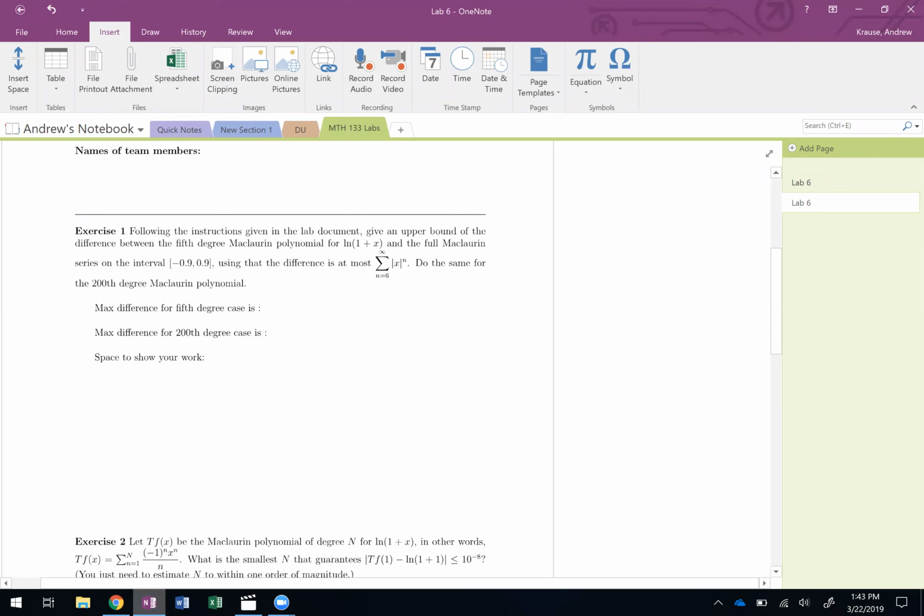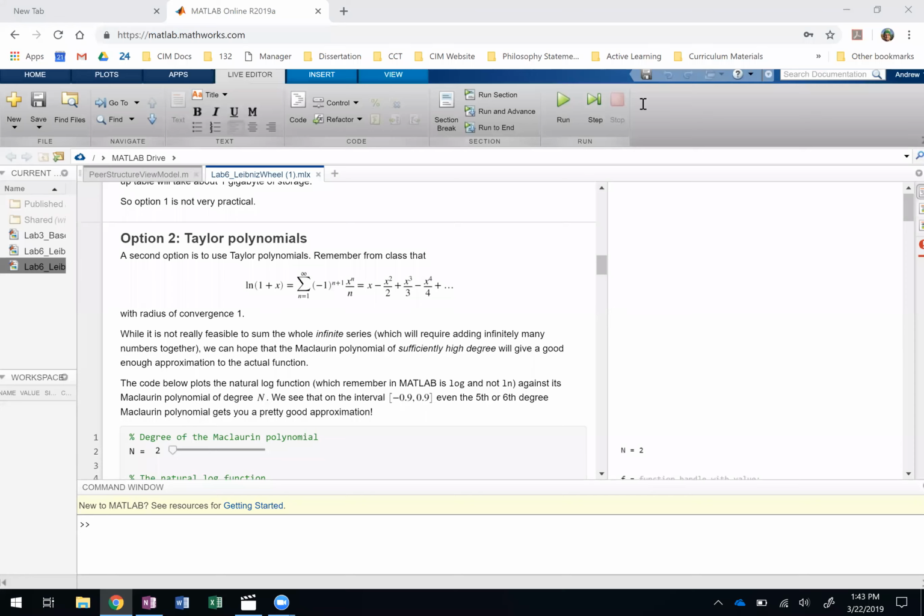It's saying that we have this Taylor series. What we're trying to do in this lab is figure out how we can come up with a finite polynomial that approximates this natural log function reasonably well, because this is an infinite expression, and that would be impossible for a computer to calculate because it goes on to infinity.